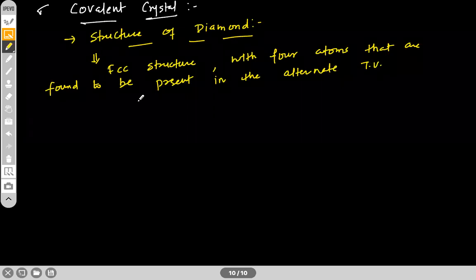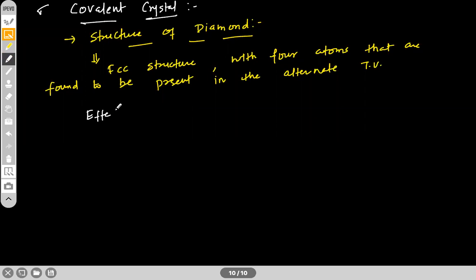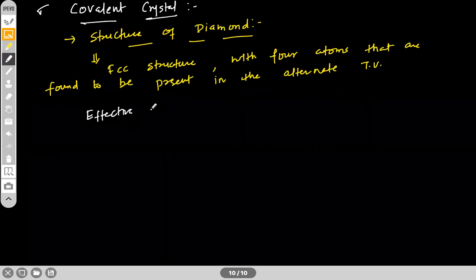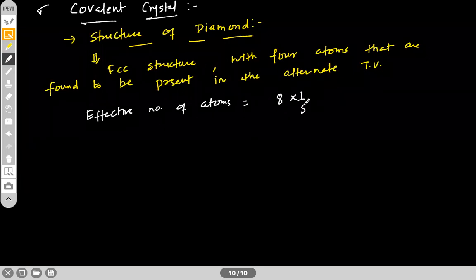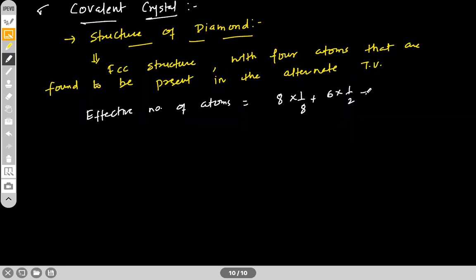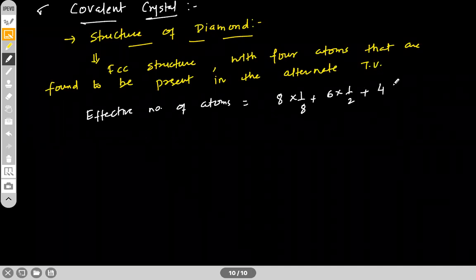If you find out the effective number of atoms, that would be FCC arrangement, meaning 8 corners into 1 by 8 plus 6 face centers into 1 by 2, plus 4 atoms that are present in the tetrahedral voids.